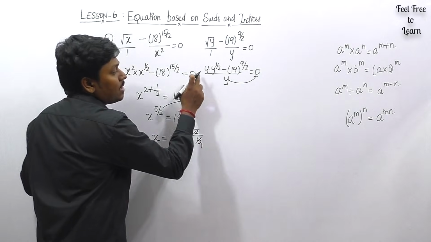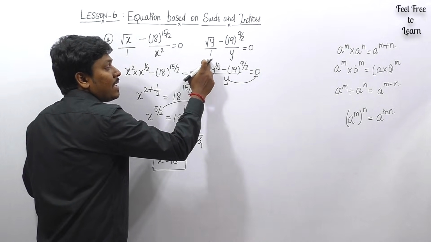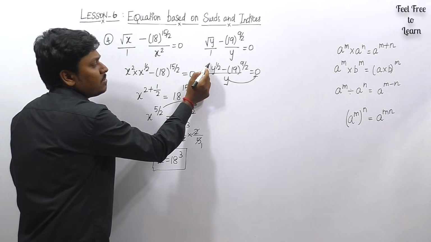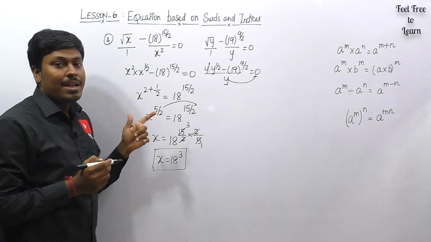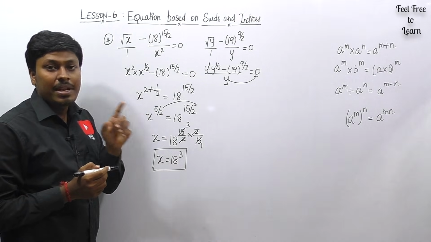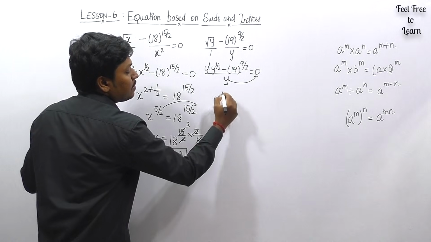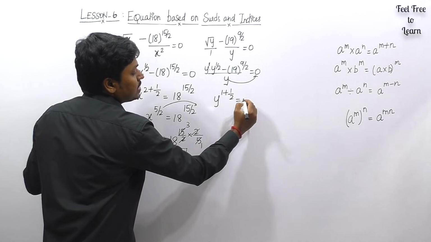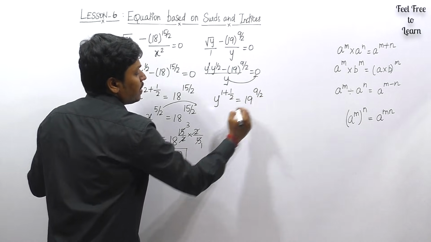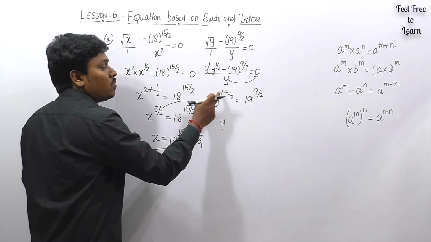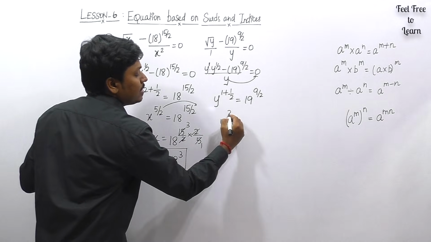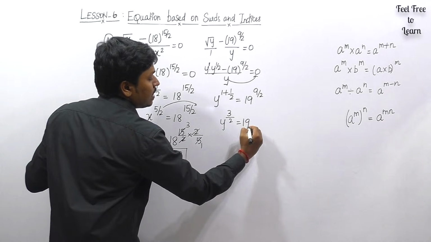So friends, listen here. Here it is a power m into a power n. Assume that the numerator is 1, right? So a power m into a power n will be a power m plus n. So we need to add both the numbers, that is 1 plus 1 by 2, is equal to 19 power 9 by 2. So y power, 2 into 1 will be 2, 2 plus 1 will be 3. So y power 3 by 2 is equal to 19 power 9 by 2.